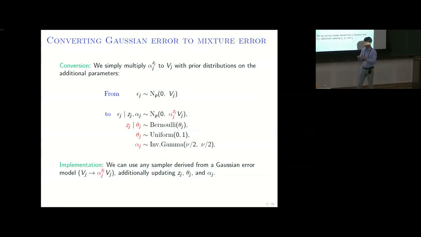And at each iteration, after I update your parameter of interest, I will update the additional parameters. So the conversion is not that difficult. Any Gaussian error model can be converted into a mixture of T error and Gaussian error models.